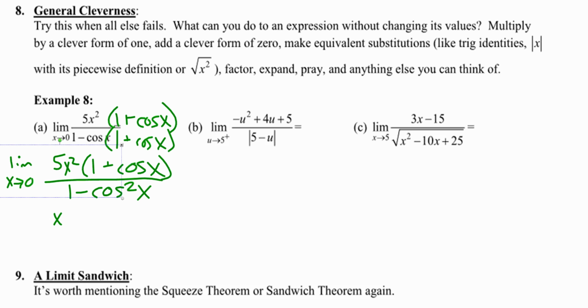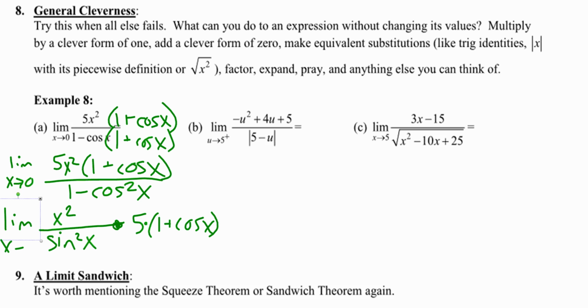So if I have x squared over sine squared, times, and I still have that 5 times 1 plus cosine x. Take the limit as x approaches 0. Well, that right there is going to give us 1. Cosine of 0 is 1. So I have 1 times 5 times 2 gives us an answer of 10.